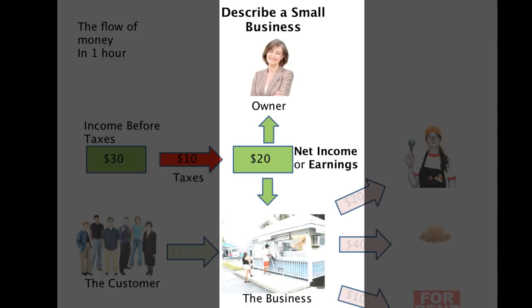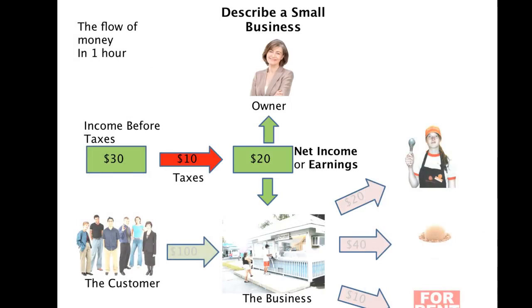So she can invest in a lemonade squeezer or a new ice cream machine that's going to produce more income. And she could do this too. She could take $10 for herself and pay herself, and she could take $10 of that earnings and put it back into the business. And that's what you'll see a lot of businesses do: they take a cut and they also put money back into the business.